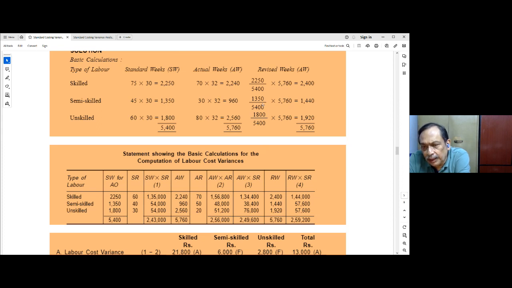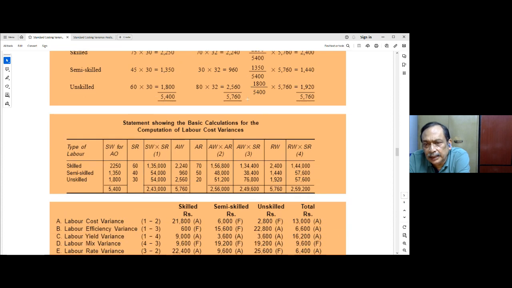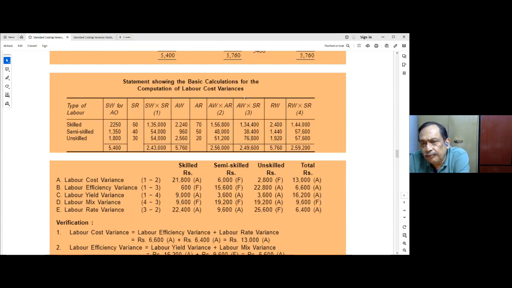That is 2,400, 1,440, 1,920. Total comes to 5,760. Then RW into SR, we get 1,44,000, 57,600, again 57,600. Total is 2,59,200.